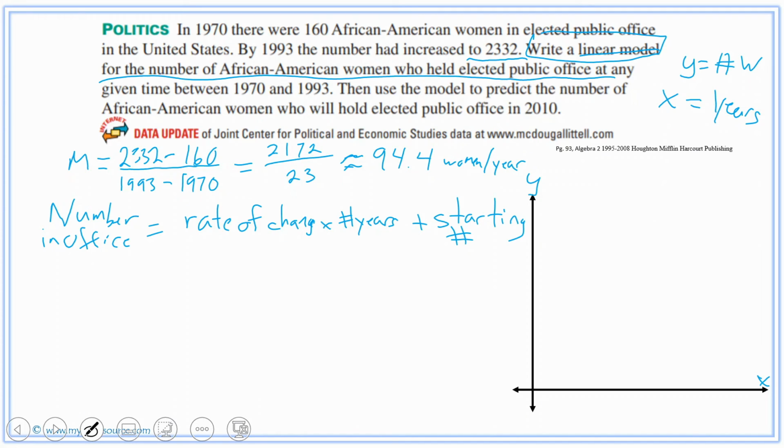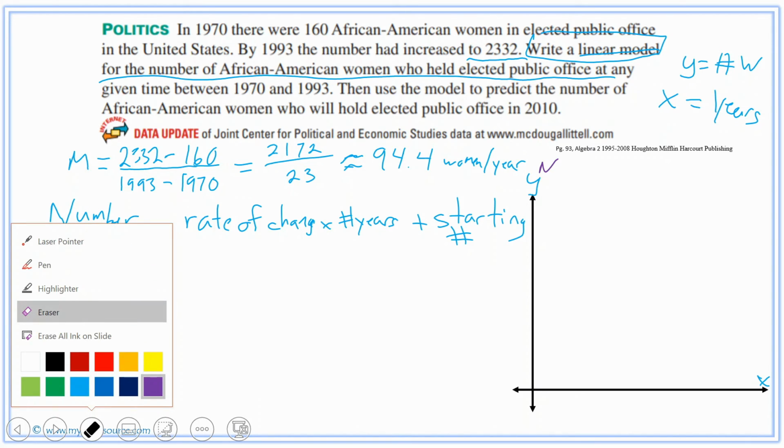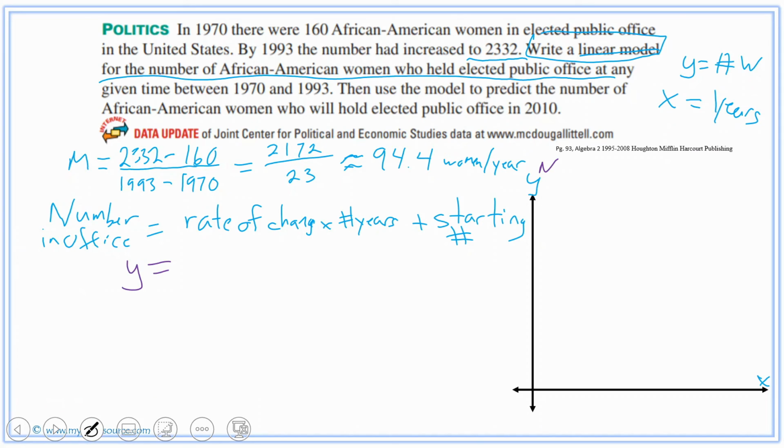Okay, so let's go ahead and fill that in. The number in office, I'll just replace that with an N. So our capital N is going to be equal to, and so our y is N in this case. So our y is going to be equal to rate of change, that's your m, x plus b.